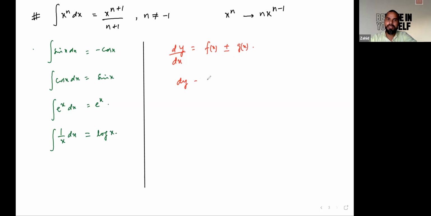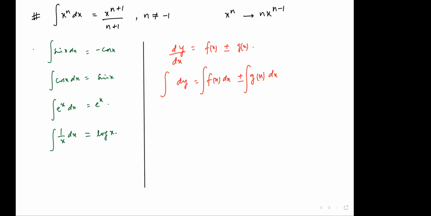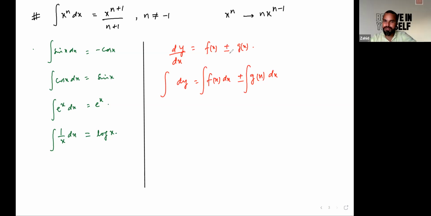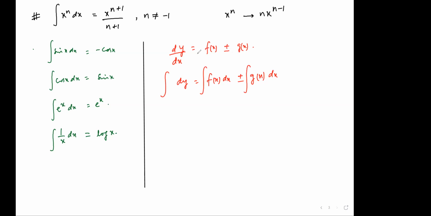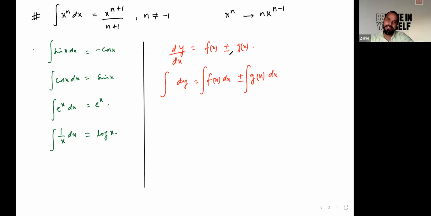It will give you dy equals f(x) dx plus or minus g(x) dx. Now integrate this part individually. It means that functions related to one another by addition or subtraction do not influence one another while differentiating or integrating. They each get differentiated or integrated individually.